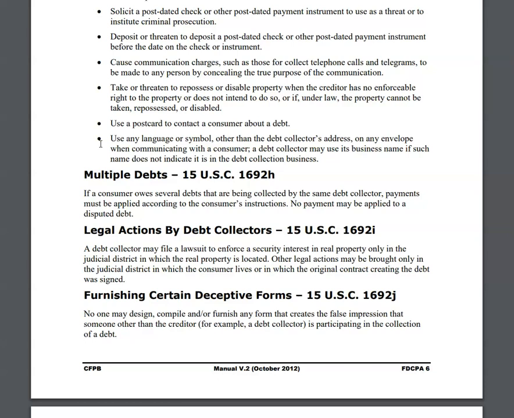Multiple debts, 15 USC 1692(h). If a consumer owes several debts that are being controlled or collected by the same debt collector, payments must be applied according to the consumer's instruction. No payments may be applied to a disputed debt. Also, when dealing with a debt collector, we've had this happen, some of the times, not all of the time. You may have to hang up and then call them back about that other debt.